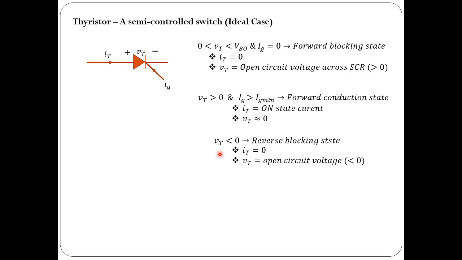And of course, if this negative voltage goes beyond the reverse breakdown voltage, then once again the switch would be driven into the reverse on state, and this operation is usually not recommended.